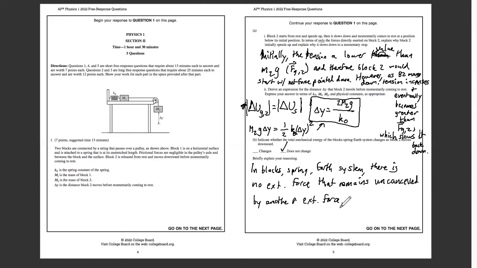So in particular, if I take a look at this, the weight force, for example, I know that the gravitational force on block 1 is equal to the normal force on block 1 by the table. Those two cancel out, therefore they are not going to contribute to work done.